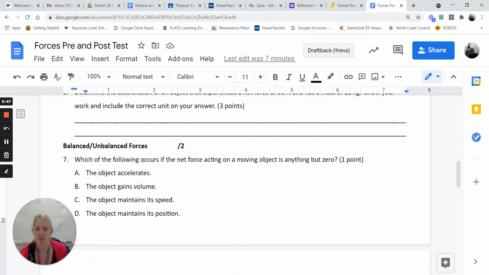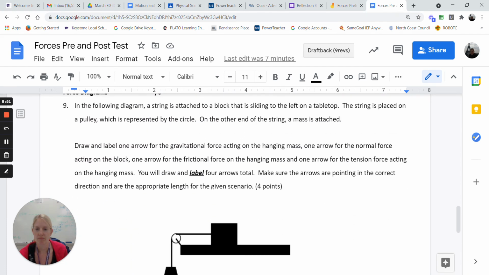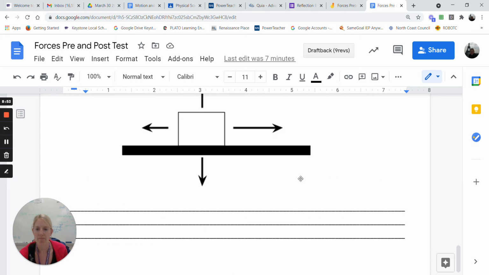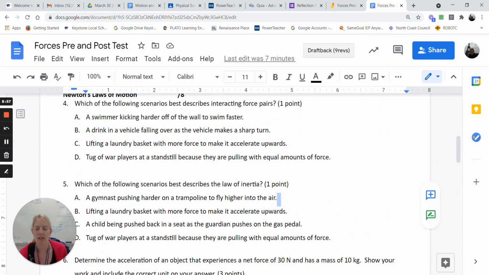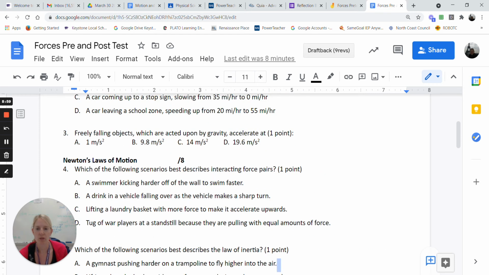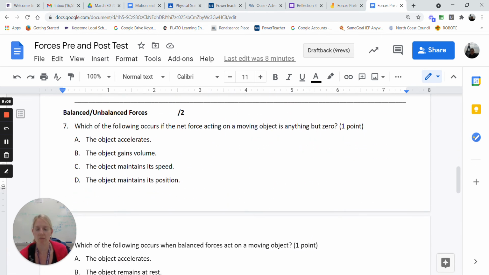Newton's laws of motion. Okay, I know why. Okay, so we're gonna hold off on adding up the total for our Newton's laws of motion because there's another question that includes that. My apologies. Okay, moving on to our next section, balanced and unbalanced forces.